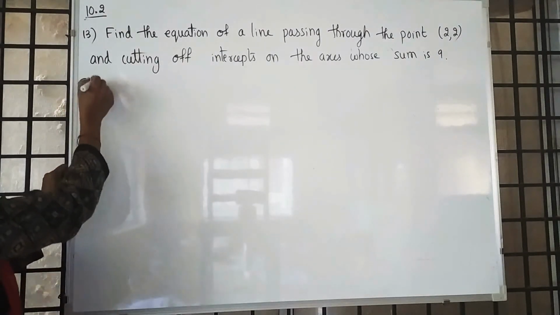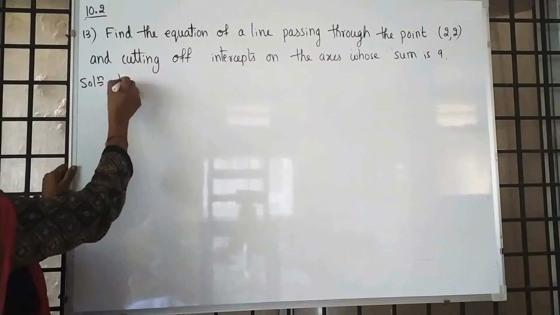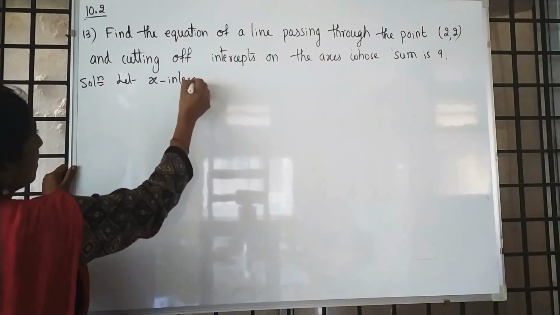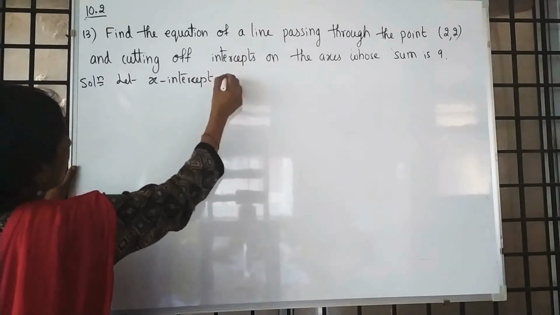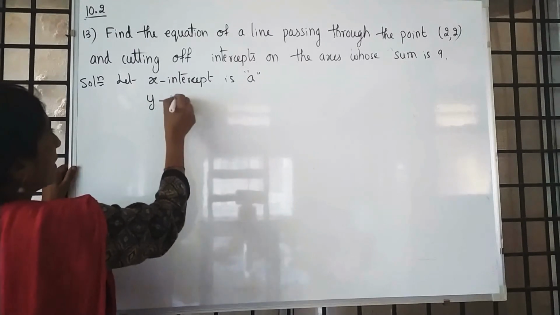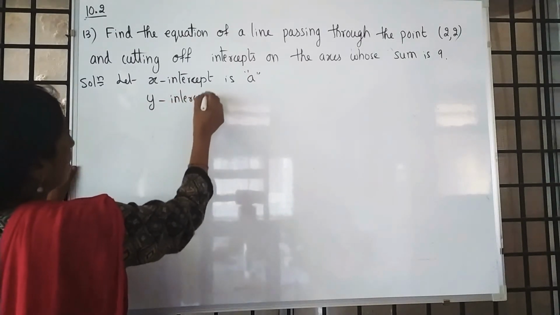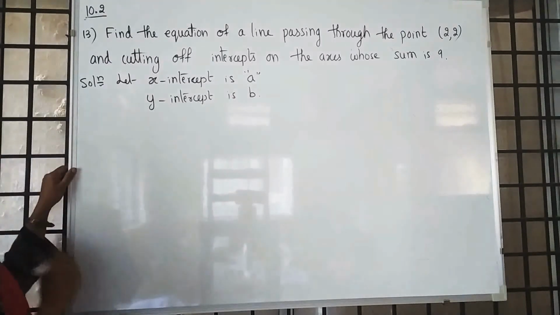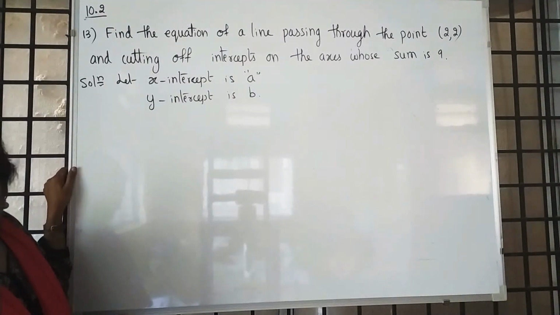See what is given. First write down. Let x-intercept be a. Already you are familiar. Y-intercept be b. And what is the intercept form of the straight line?